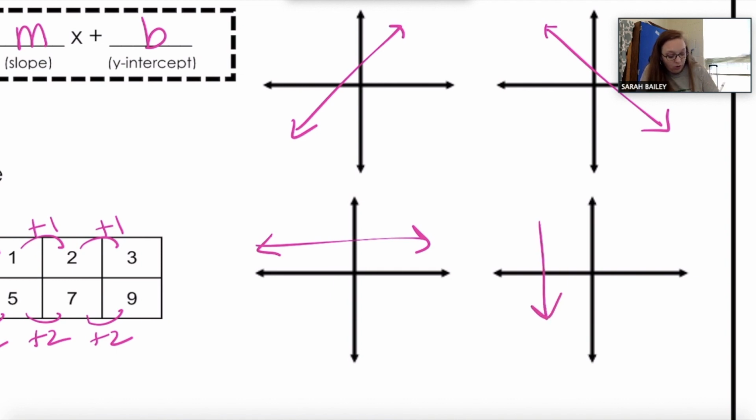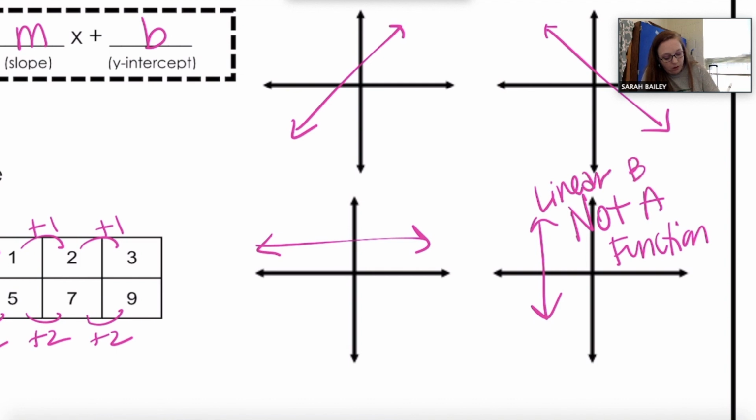Now, the vertical line, this is linear, but not a function. Linear, I'm going to write that, linear, but it's not a function because it doesn't pass the vertical line test, which we learned about in a previous lesson. So it's linear, but not a linear function, just to be clear there.